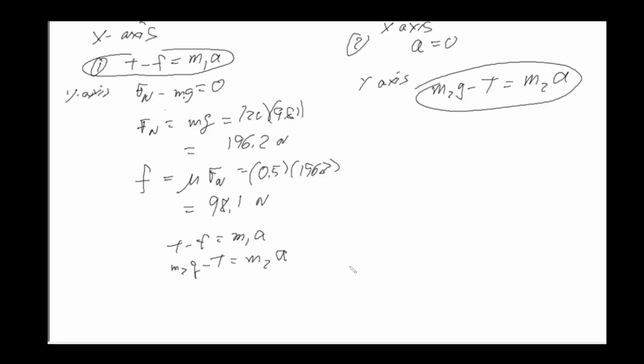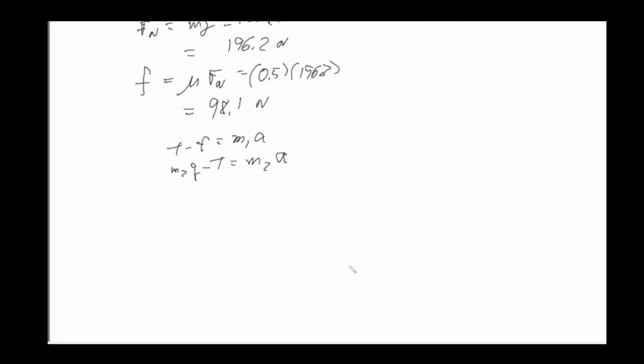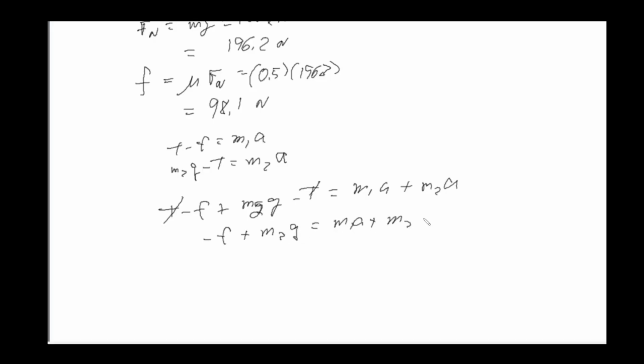So if we add those, we get T minus f plus m2g minus T is equal to m1a plus m2a. These cancel out. Minus f plus m2g is equal to m1a plus m2a.